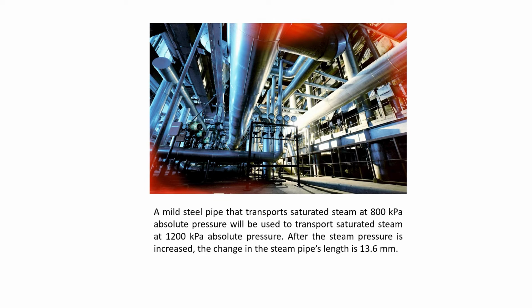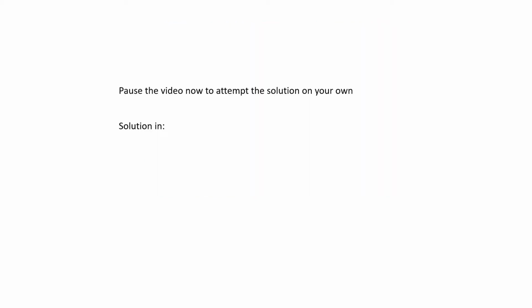Assume the pipe and any fittings are rated for the increased steam pressure and temperature. After the steam pressure is increased, the change in steam pipe length is 13.6 millimeters. What was the original length of the steam pipe in meters? Pause the video now to work through the problem on your own, or keep watching for the step-by-step solution.